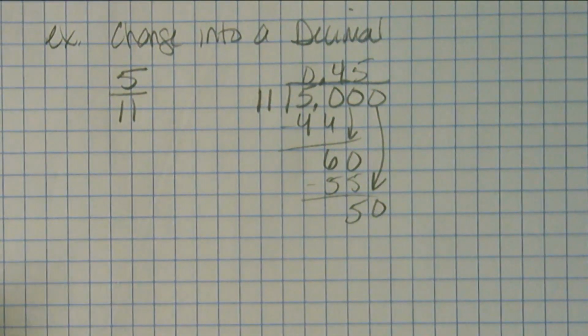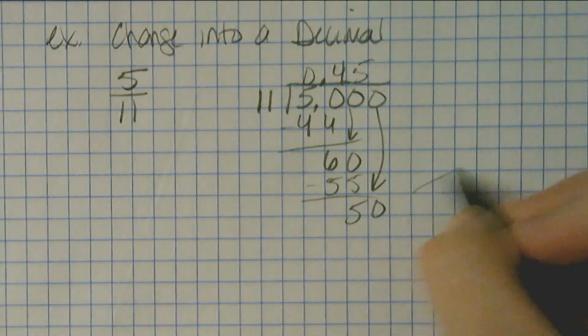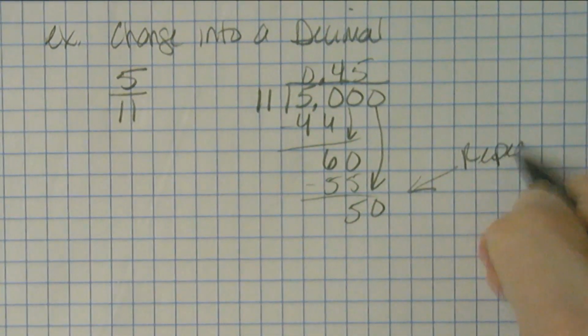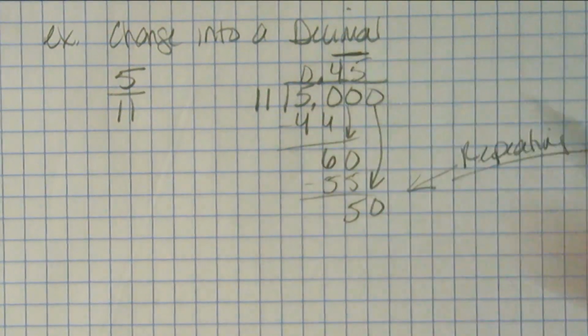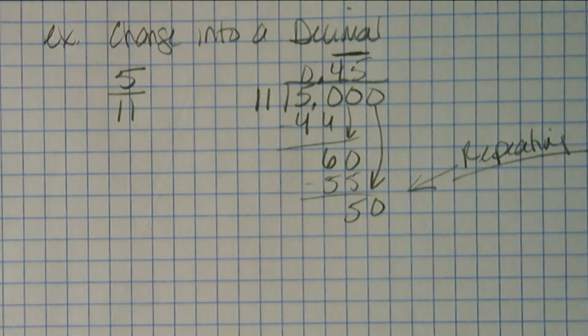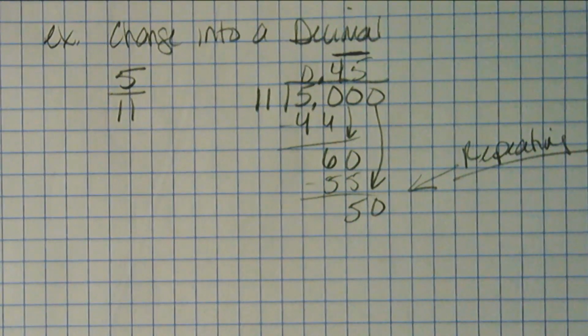Okay, so Addie, once you get to this point, and we see here that we're going to get a repeating, we can simply stop and put that line over top of that. So all of you, once you recognize it's going to start repeating, just stop. Don't spend any more time on it. If you can see that pattern starting, just put a little line over it.